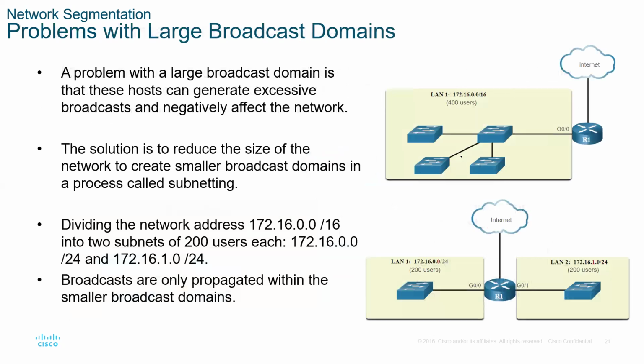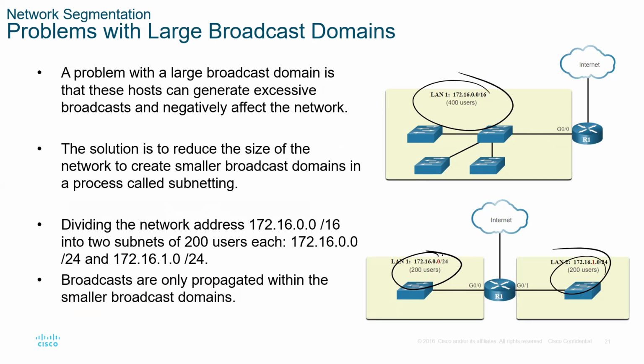Problems with large broadcast domains. The problem is that these hosts can generate excessive broadcasts. We've talked about that. The solution is to reduce the size of the network to create smaller broadcast domains. So instead of having 400 users in one domain, you can have 200 and 200. The total is 400, but they are now in two different broadcast domains.